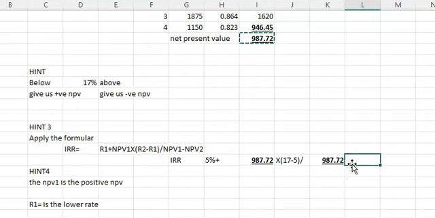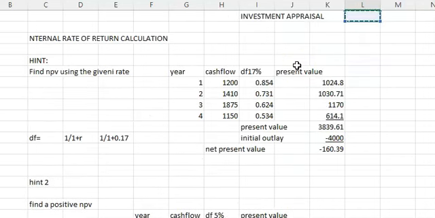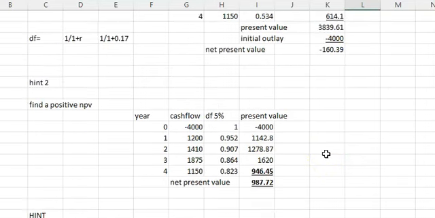And then we are saying plus, now we are saying minus. The formula is saying minus NPV2. But the NPV2 itself is negative. So, minus and minus will give us a plus.